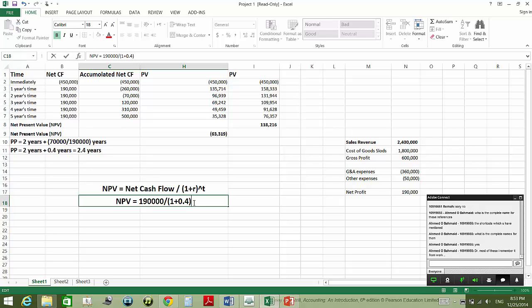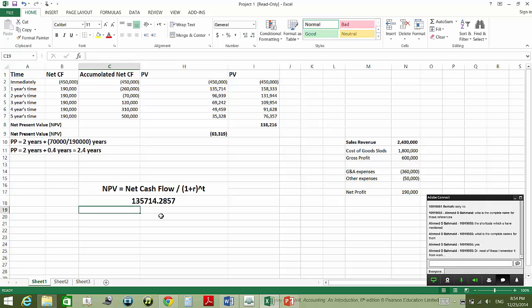Okay, this one will give us, as we can see here, if we remove the net present value here, then we will find this amount, which is the same as this amount, but we should remove the point here and make it just like this.